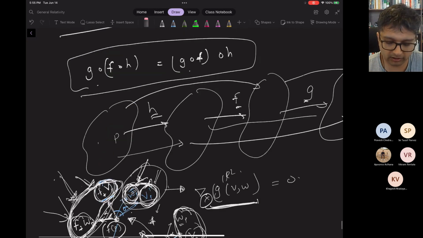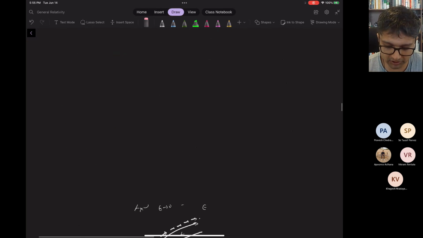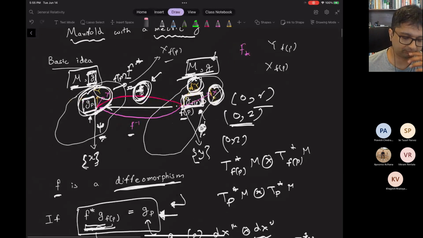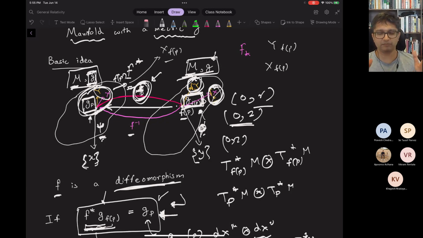The definition was that you preserve the metric. When we say preserve the metric, this preservation is basically the statement that this tensor at P is the same as the pullback tensor. And that statement of tensors being equal doesn't care about what coordinate system you use to describe those tensors.